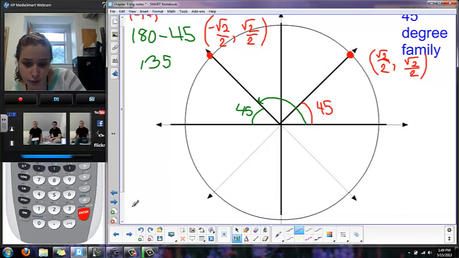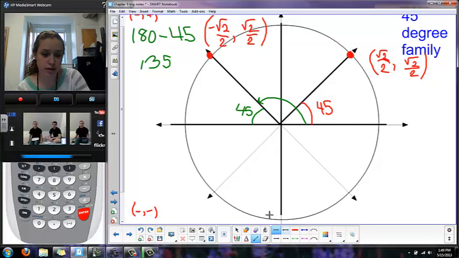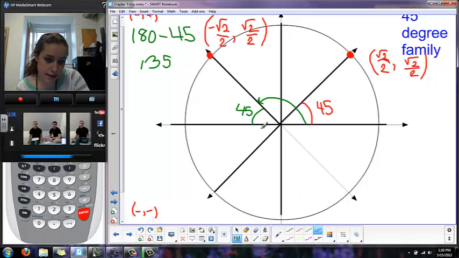In the third quadrant, both the x's and the y's are going to be negative. So we have this angle right here. And we say that that one is also in the 45-degree family because this angle is 45 degrees. I don't really care what that is.